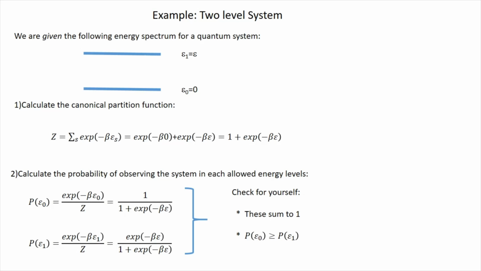In many quantum mechanics problems, in many physics problems, there are only a few energy levels that you need to worry about. And so in those circumstances, you can actually just do the sum in the partition function explicitly. Even if you had 7 energy levels, it wouldn't be too hard to write out every single Boltzmann factor and just write the partition function down on one line on a piece of paper.